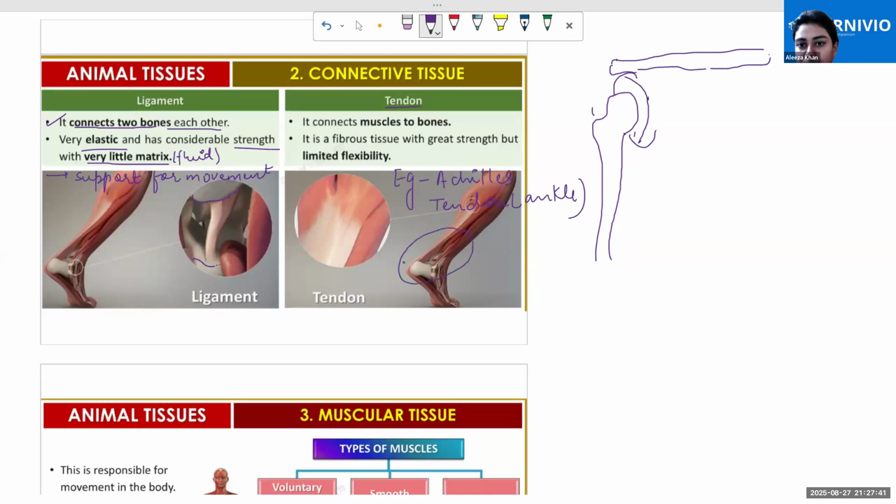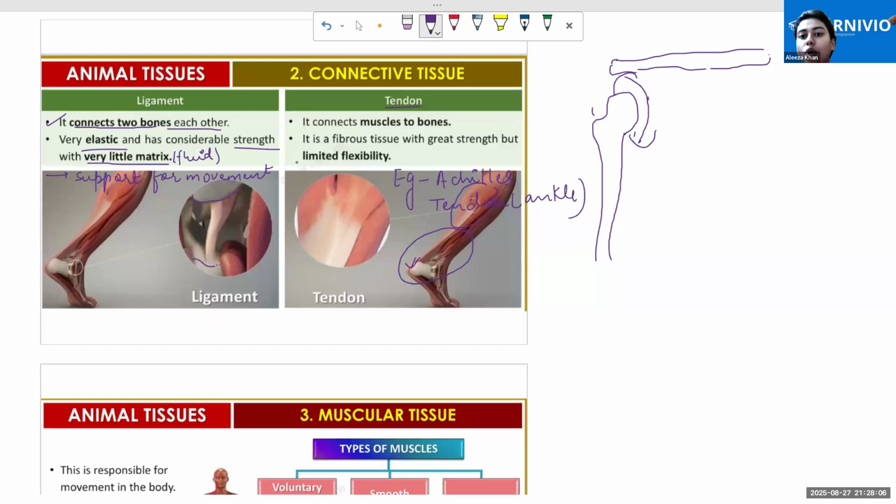This tendon is connecting your calcaneum bone, which is at the base of your foot, to the calf muscles, which are at the posterior side of the leg. So this tendon is connecting this bone to this muscle.